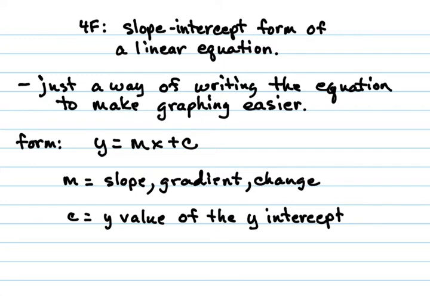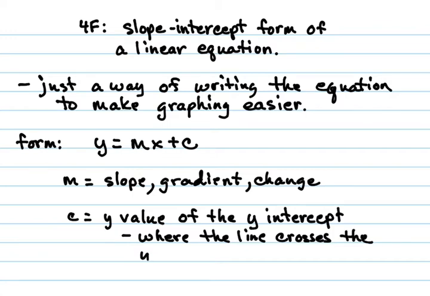Now the y-intercept is simply where the line crosses the y-axis. Now again, remember that many of these graphs only have that first quadrant being used, so it doesn't look like it crosses it, but it's where it touches it, which is the same thing. It's where you're touching that y-axis.